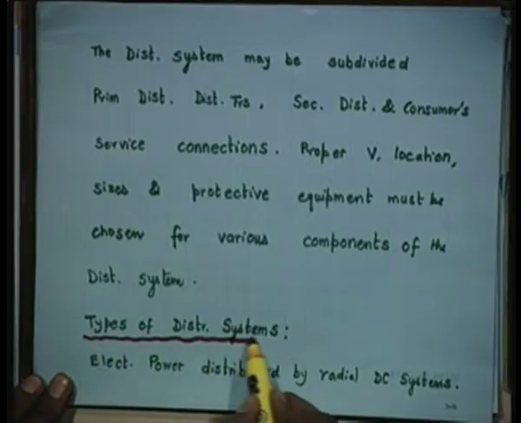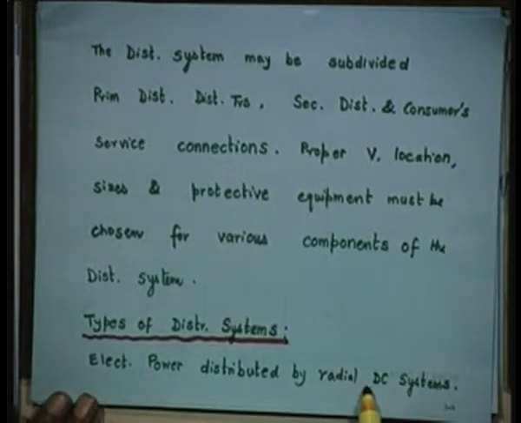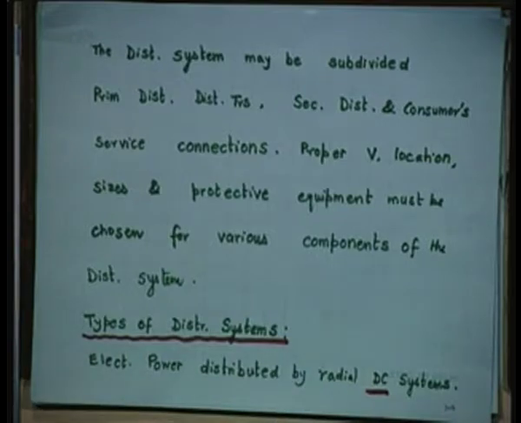Now, what are the different types of distribution systems? Electric power used to be distributed in olden days by radial DC systems. DC used to be very popular earlier. Even Calcutta, even now they have DC power.